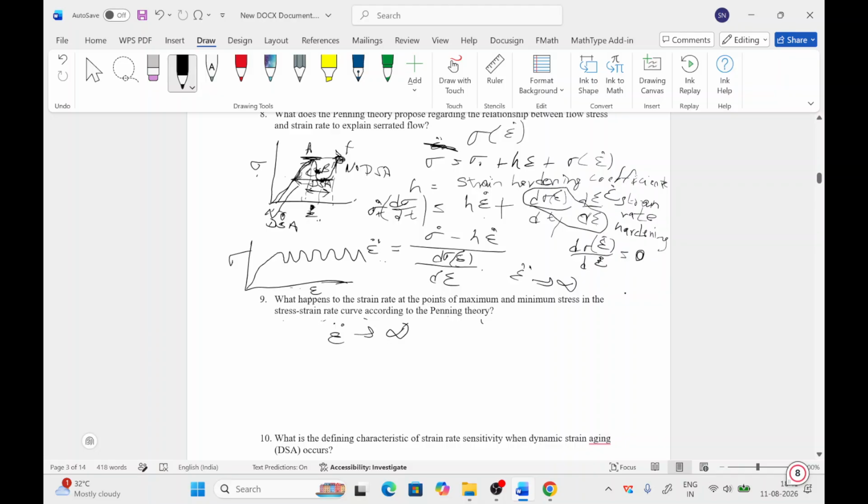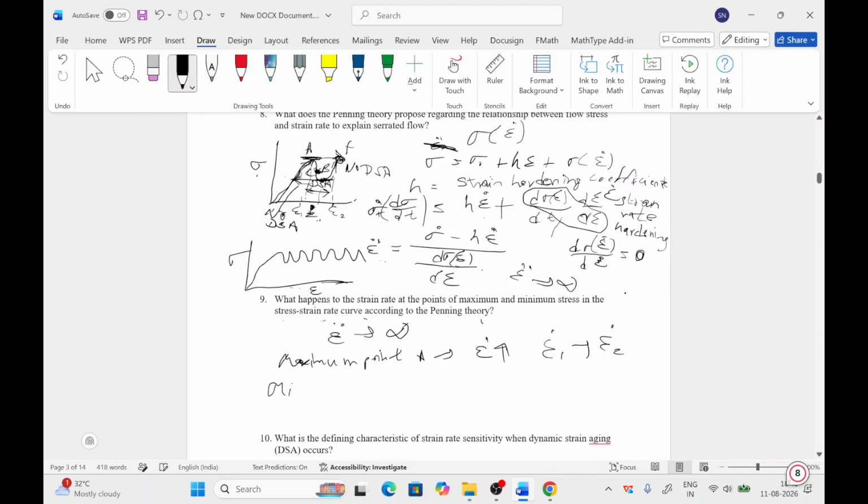So at the maximum point A, the strain rate increases. So it is epsilon dot A. This is epsilon dot 1, epsilon dot 2 increases. So from epsilon dot 1 to epsilon dot 2, it reaches.